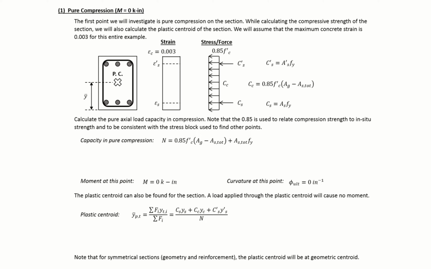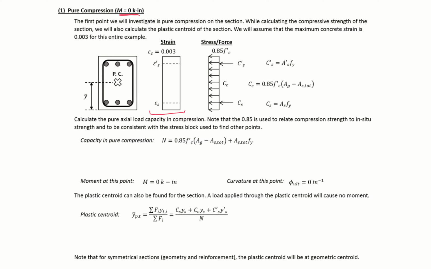The first point that we're going to find is our pure compression point, the point when we have zero moment and pure compression in this section. We're going to assume here that we have a strain across the section equal to 0.003. This means that both our top and bottom steel have already yielded.